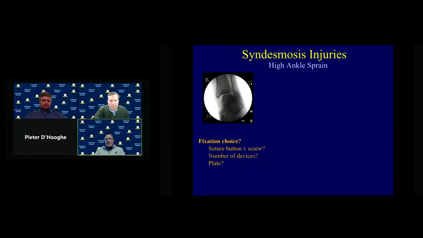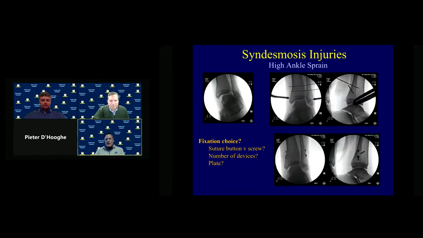And then you have the option of removing the screw and still have flexible fixation left there. Then I would retest after that fixation and determine just what is going on with the deltoid.